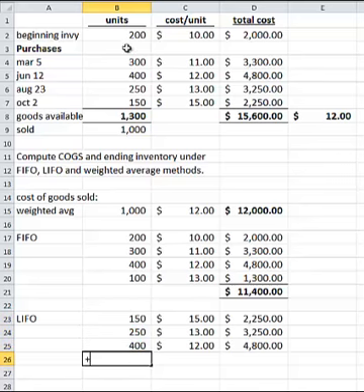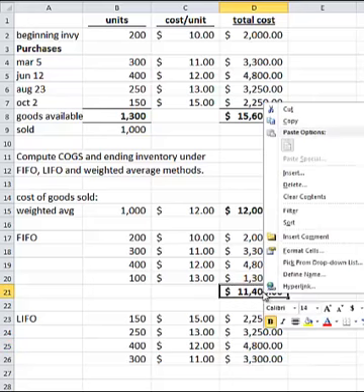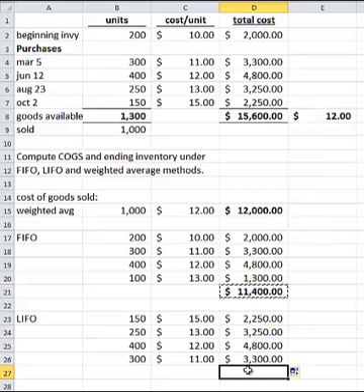I don't need all of the next layer to get my 1,000, but I need 200 of it. So my cost of goods sold under LIFO is 13,600. And these add up to be 1,000 if you just want me to show you that, because those are the units sold.